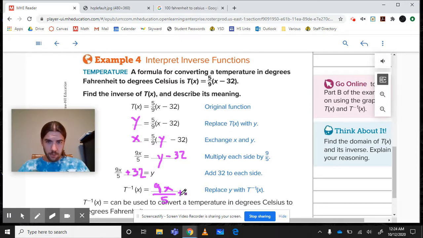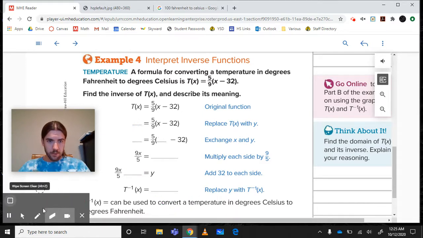Basically, you're just going to do the opposite steps that we do. Rather than subtracting 32, then multiplying by 5 and dividing by 9, you're going to multiply by 9, divide by 5, and add 32. So you'll just do all the opposite steps, and that'll get you back to our wonderful Fahrenheit.